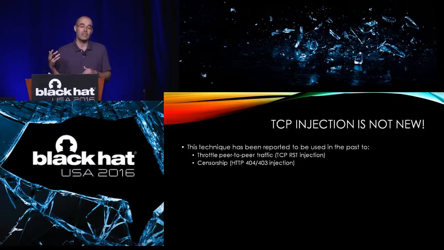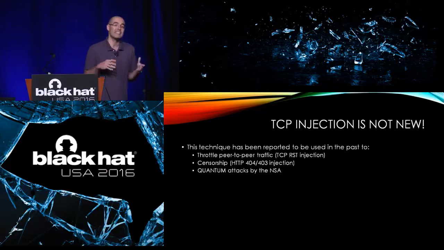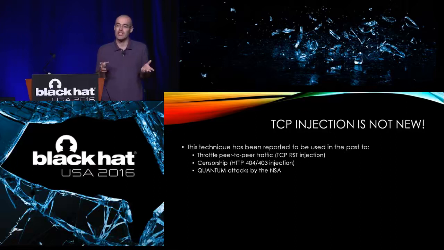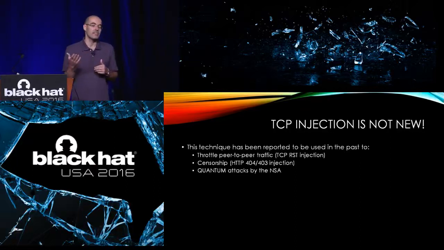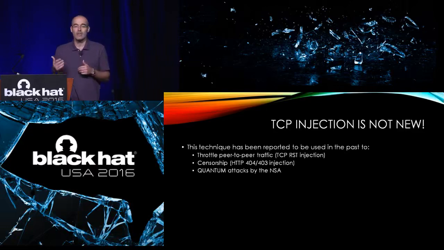Actually, numerous injections we have found indeed are censorship related, and we will discuss them later. And according to the Snowden documents, we know that the NSA is heavily invested in TCP injection attacks. They call it the quantum operation, and they actually inject malicious payload in order to compromise the client's machine.